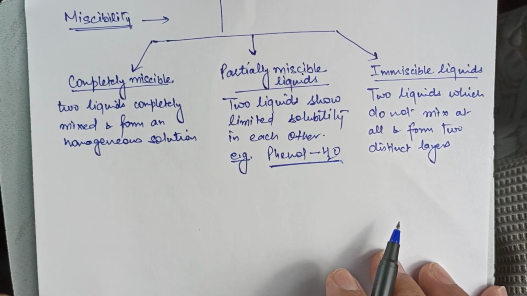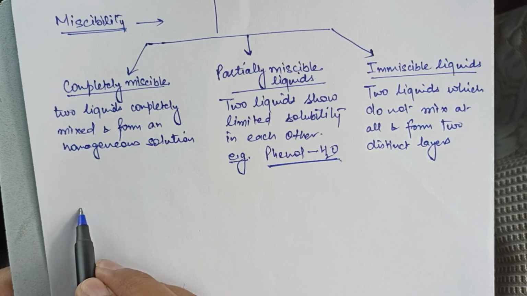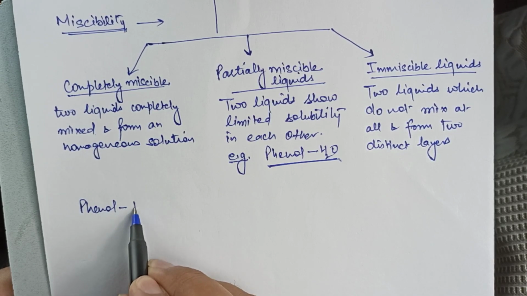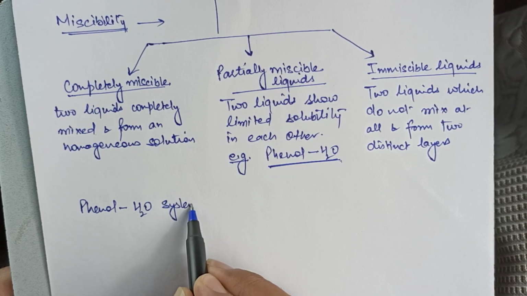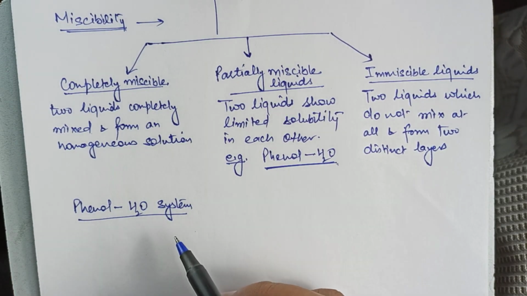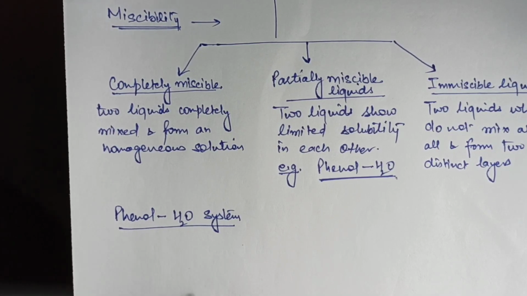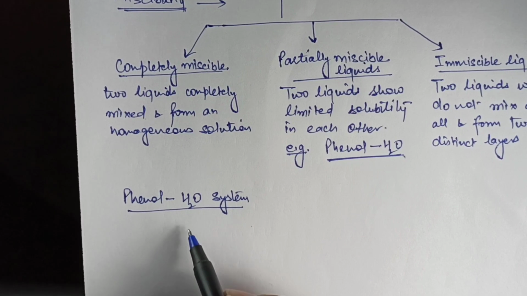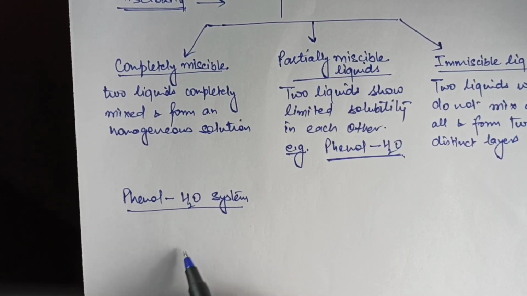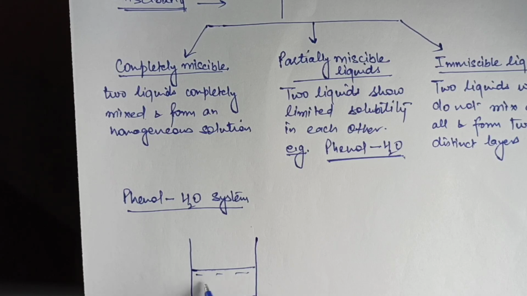Let me discuss this mixture in detail. So if we have a phenol water system, which is a partially miscible liquid system, initially if we add a small quantity of phenol in a beaker of water, then what will happen?